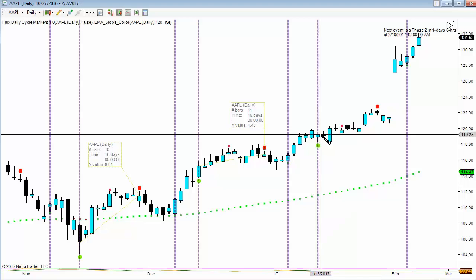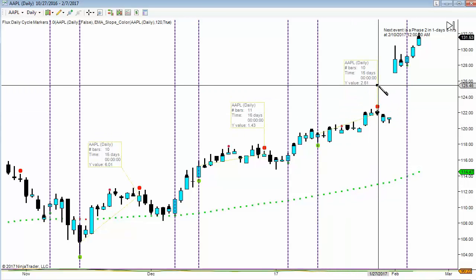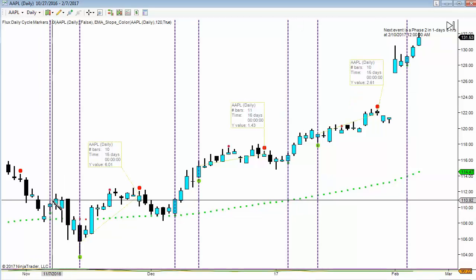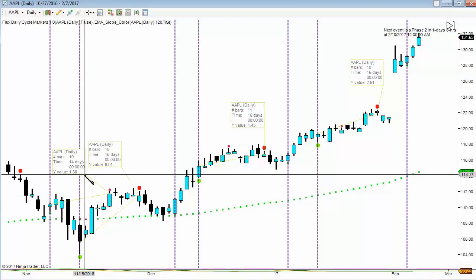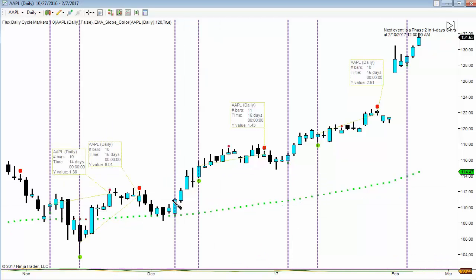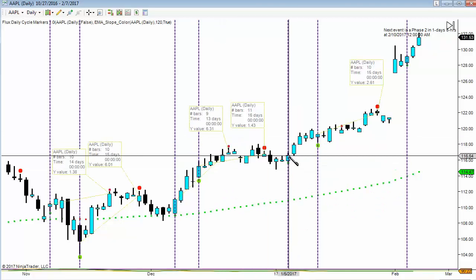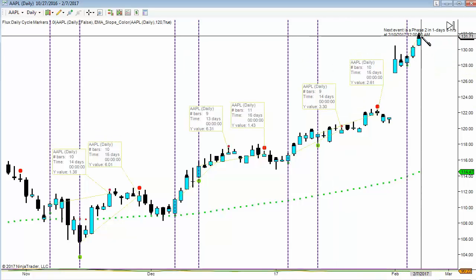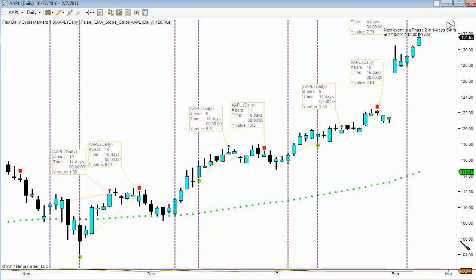There's a $1.50 move. There's a $2.50 move. If you had bought at the close of the phase 1 and sold at the phase 3, and we're currently up $2.7 in Apple.